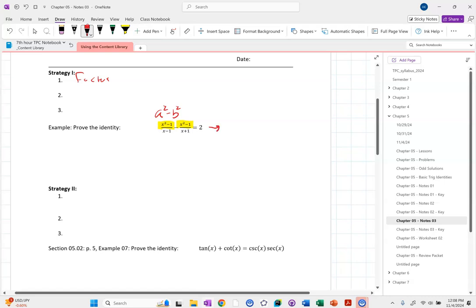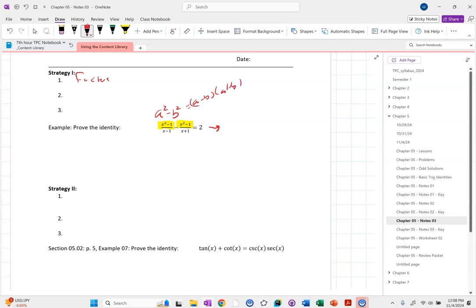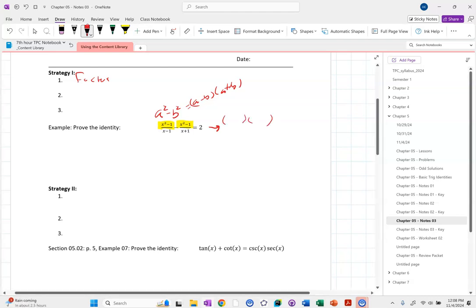So if I do that, how does x squared minus 1 factor? What does it factor into? Remember the factoring pattern. X squared minus... Stop talking.